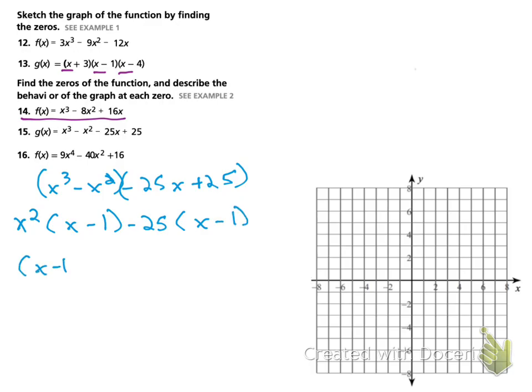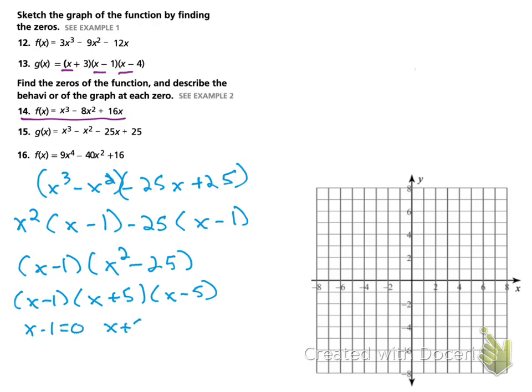So I have x minus 1 times x squared minus 25. X squared minus 25 is difference of squares. So I'll have x minus 1 times x plus 5 times x minus 5. Set the three factors equal to 0. And so our zeros are at 1, negative 5, and 5.